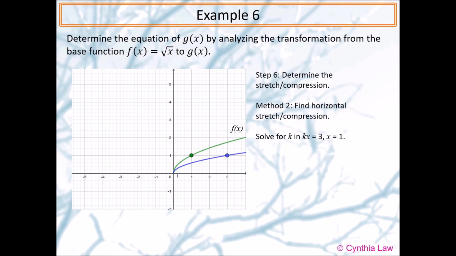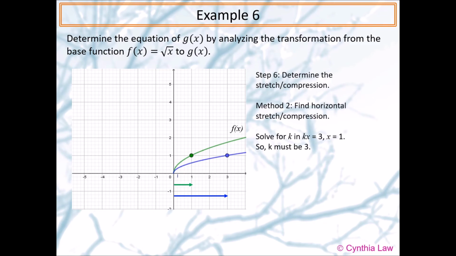So remember, kx is the x-coordinate of the intermediate curve. x is the coordinate for f of x. So that means k must be 3, if I do it algebraically. We can also do this visually. So from the y-axis until the point on f of x, that is 1 unit horizontally.